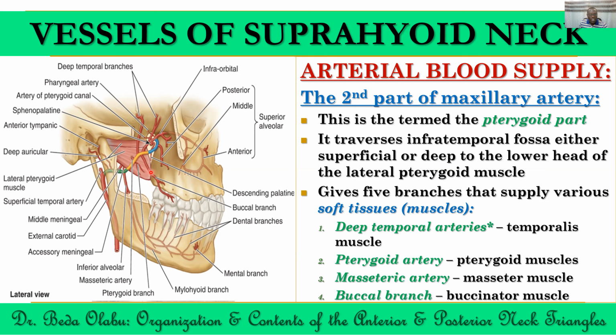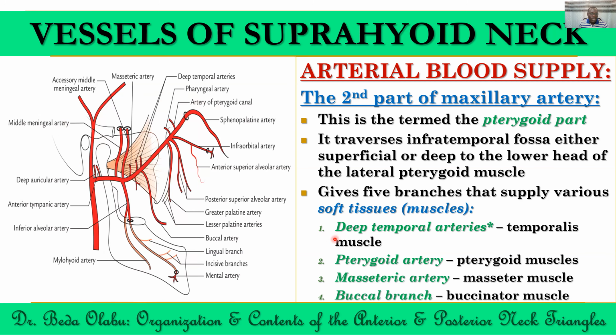So branches of the second part supply soft tissues. Remember, I've listed 4 here, but I've said there are 5 because the deep temporal arteries are 2, the anterior and posterior deep temporal artery. This image also captures for you the branches from the first part, the branches from the second part, and the branch of the third part of the maxillary artery.